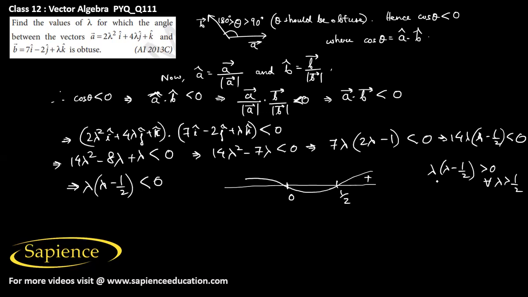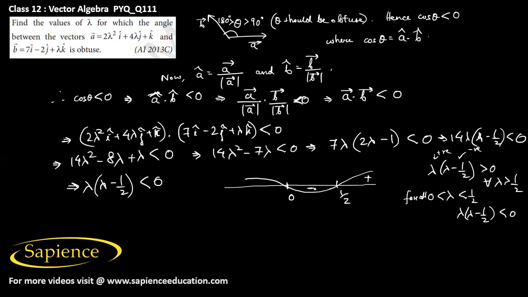If we take lambda less than 1 by 2 and greater than 0, then lambda will be positive and lambda minus 1 by 2 will be negative. Positive into negative is negative. So for all values of lambda greater than 0 and less than half, the expression will be less than 0 only.